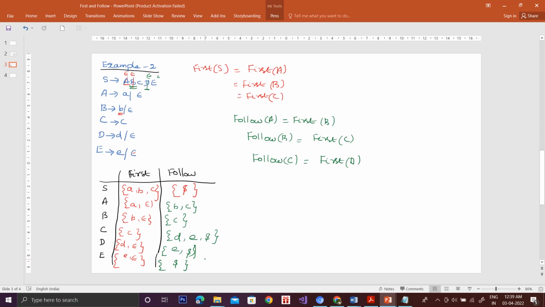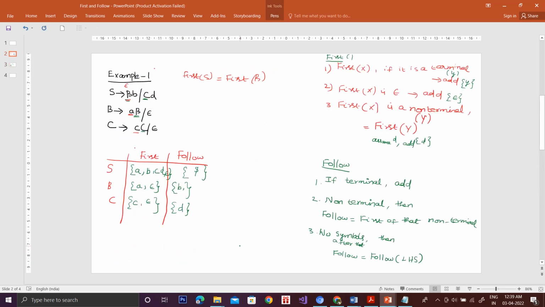So this is how we have to calculate first and follow. Please remember these rules, very simple. When you are trying to find first of X, if it is a terminal, add it. Similarly, if it is epsilon, you add it. But if it is a non-terminal, find out the first of that non-terminal and then add.